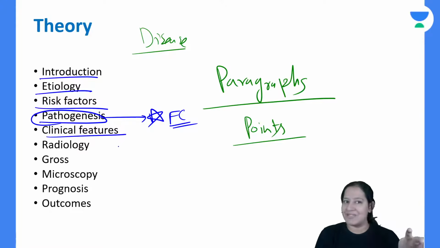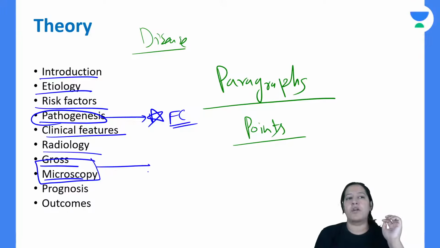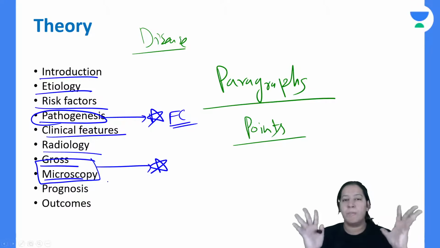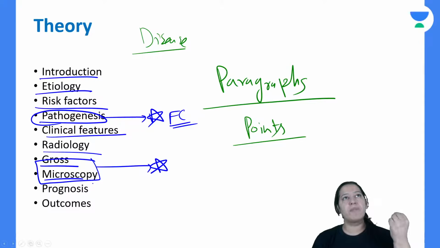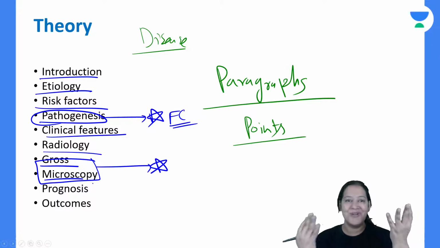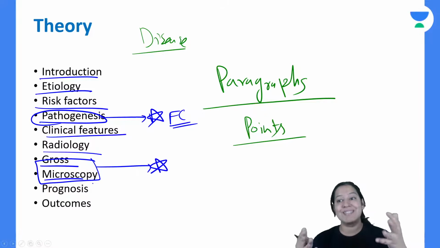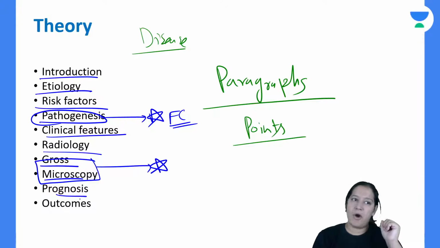Then clinical features: symptoms, signs, radiology and other investigations. Then gross and microscopy, which is the most important portion in pathology. For microscopy, I will teach you how to draw microscopic diagrams of various diseases. For most students, it is just pink and purple color. No, it is not like that. I will help you understand the salient features inside that. Then the prognosis and outcome.